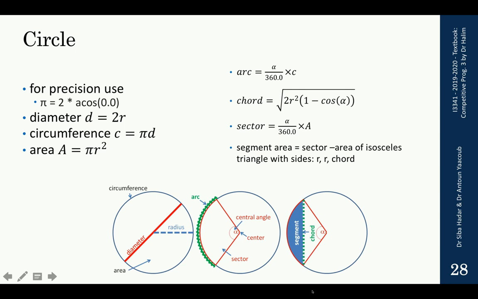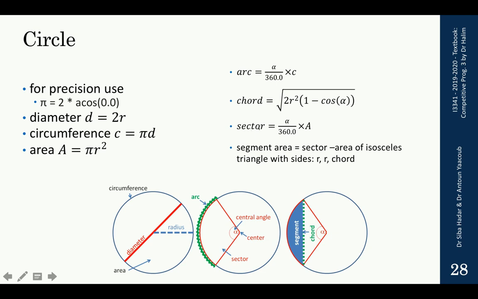And if you have a problem and you want to calculate the length of this chord, it is the square root of 2 times r to the power 2 times 1 minus cosine alpha, alpha being the angle that is formed by these 2 points on the circle.